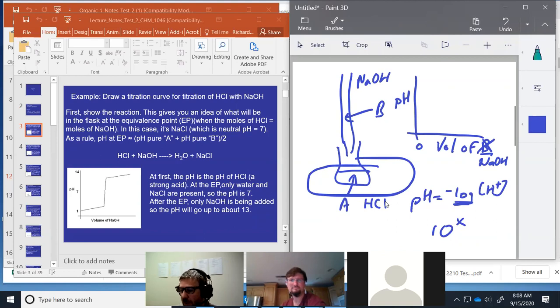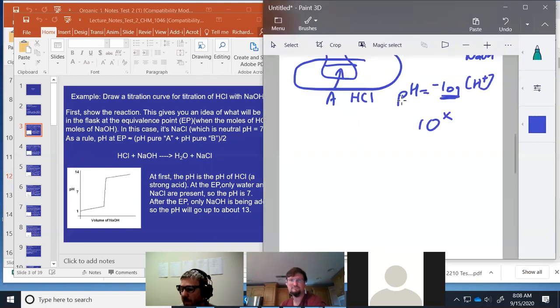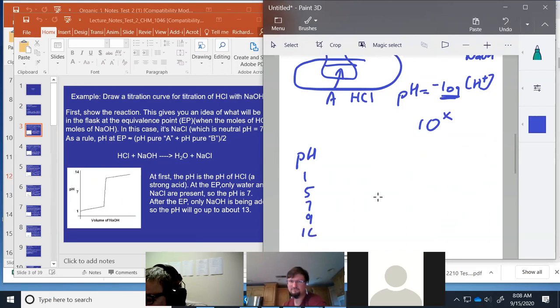Now, before I go too much further, let's review what we know about the pH scale. This is something that I think most of you are somewhat familiar with, at least. And that's this scale here, where we start out with a pH of, say, 1, and then we can have 5, we can have 7, we have 9, and then we can have 14.